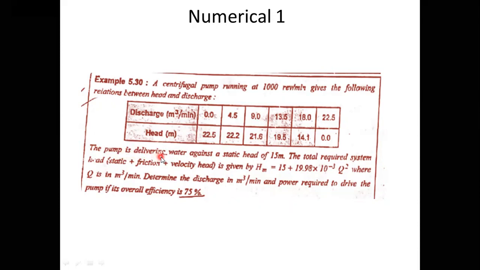Then the pump is delivering water against a static head of 15 meter, and the total required system head is static plus friction plus velocity. It is given by a relation of head versus discharge, that is, head versus Q square. This 19.98 into 10 to the power minus 3 Q square is basically the friction head, because the manometric head is Hm equal to static head plus friction head, and the friction head hf is given in terms of Q square.